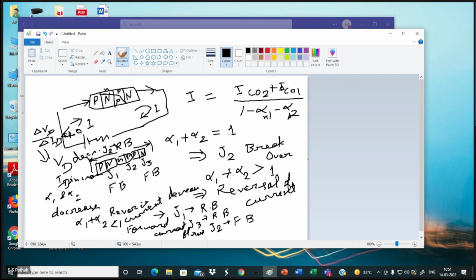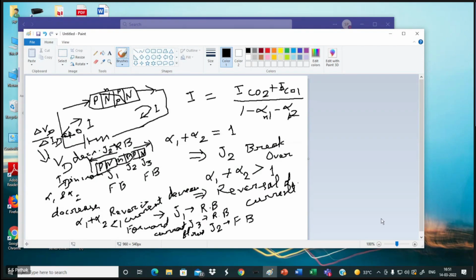That is not taking place, because when alpha 1 and alpha 2 decrease, it brings the current once again to the limiting value, and that is the operation. Could I explain the things again? Okay, so there is no question.